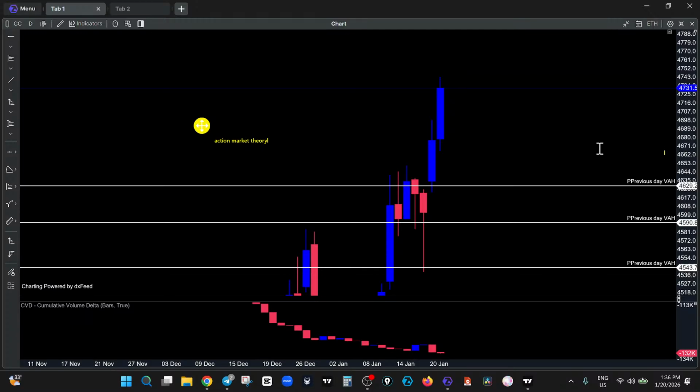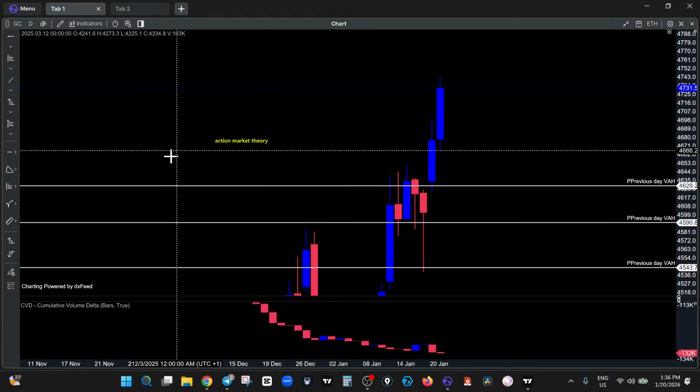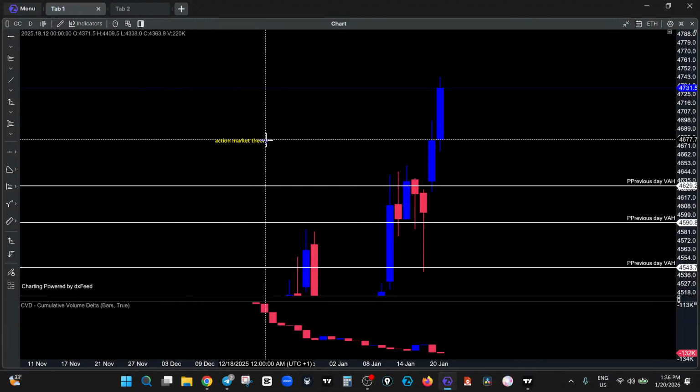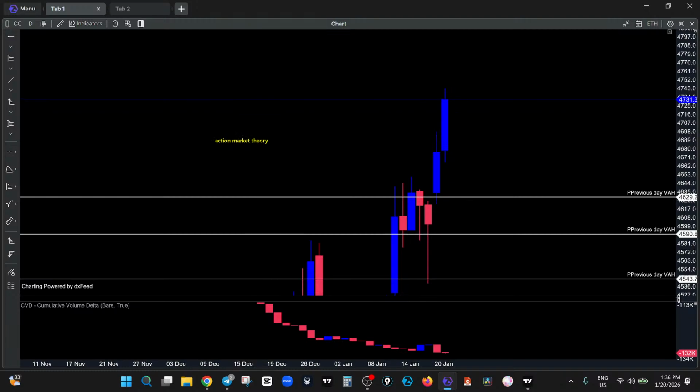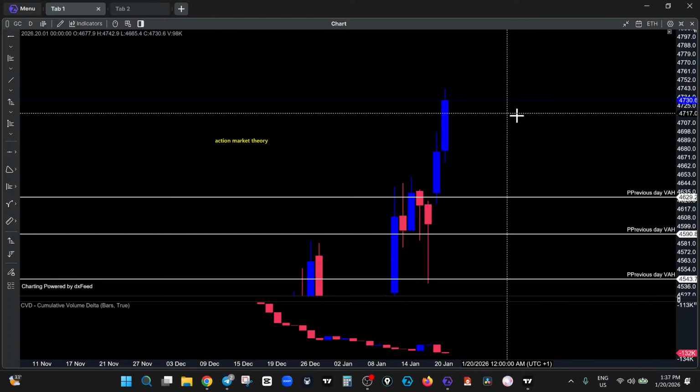Auction market theory. If you understand this auction market theory, you're going to understand the market. Now, in every market, there are 4 participants.